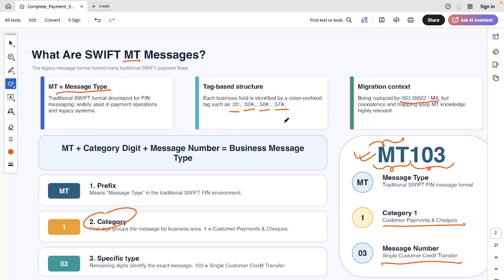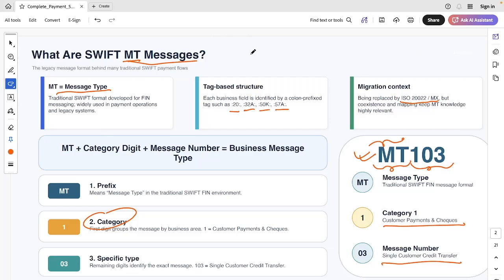In real banking projects, you may receive a requirement like map MT103 field 50K to the equivalent ISO 20022 data structure. If you do not understand the MT message, the mapping to MX will become difficult.